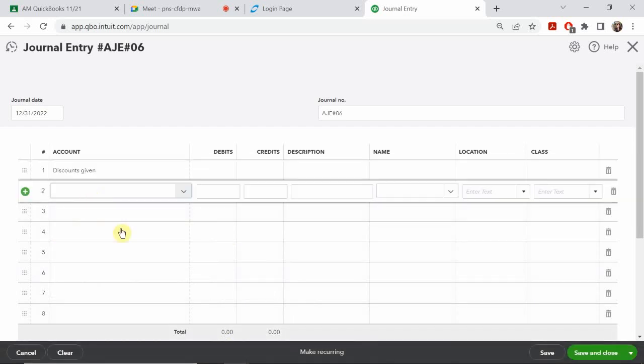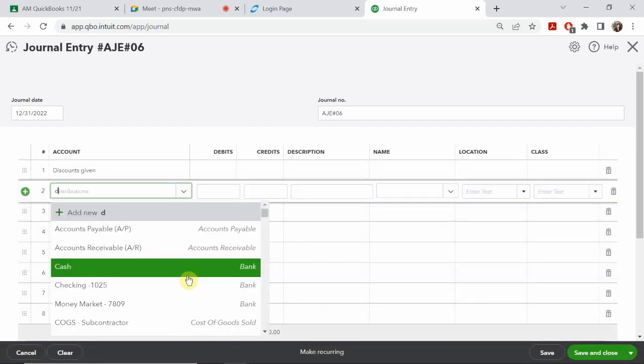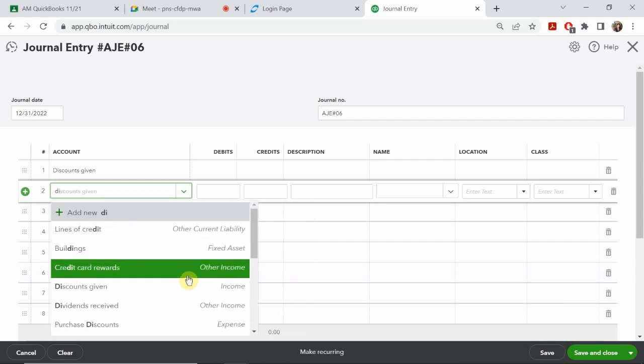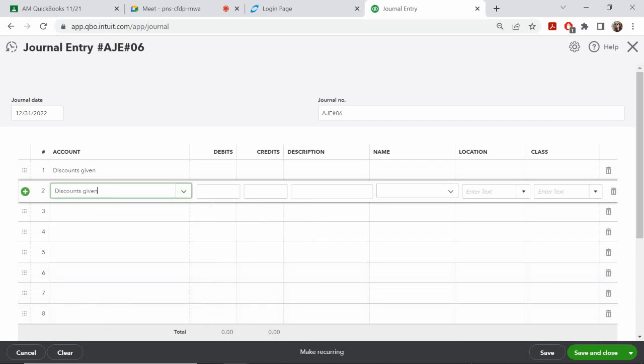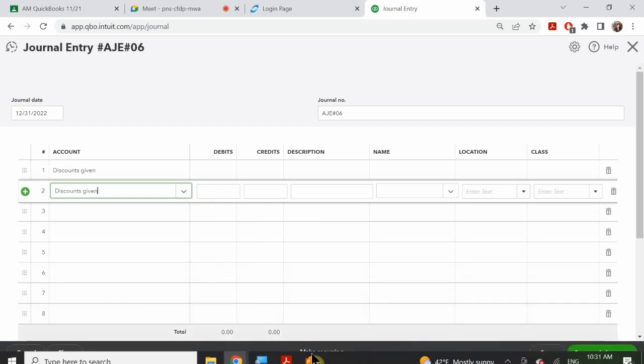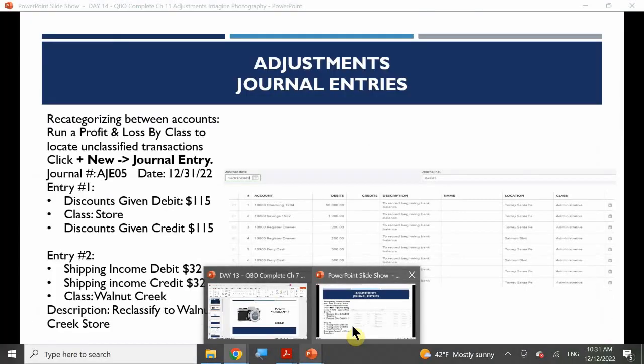And then my second one is also going to be another discounts given, because I am recategorizing it like that. So I need to figure out how my debit and credit system works.